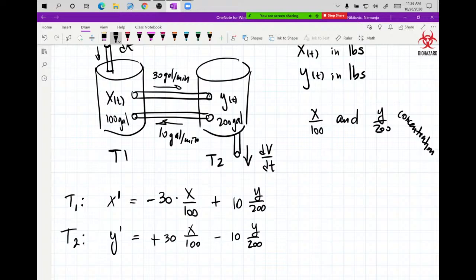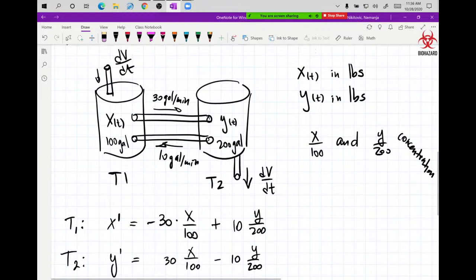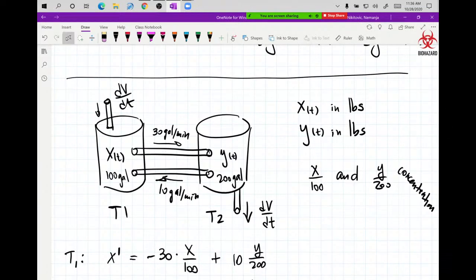And now, since we are not adding or subtracting any of those, I forgot one more thing. When you are putting in clean water over here, and over here salty water, well, solution is coming out.